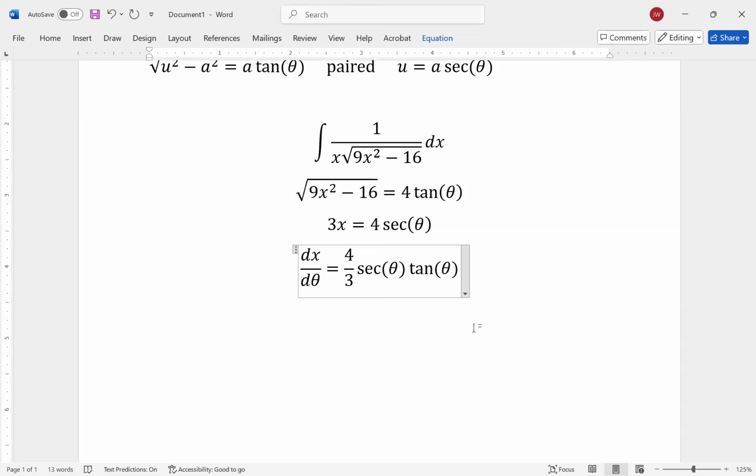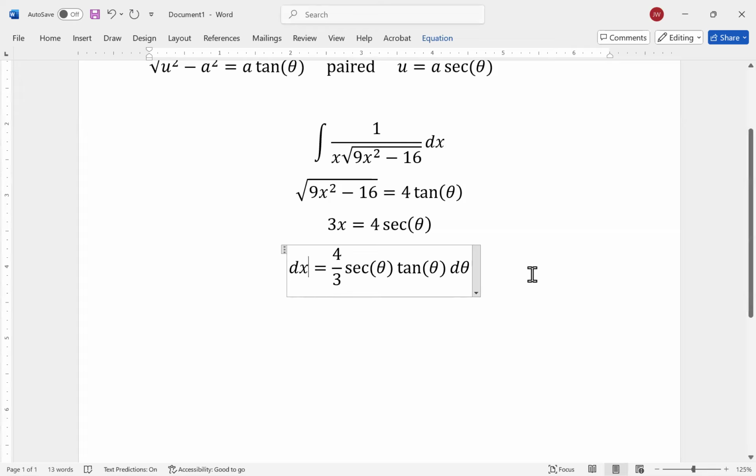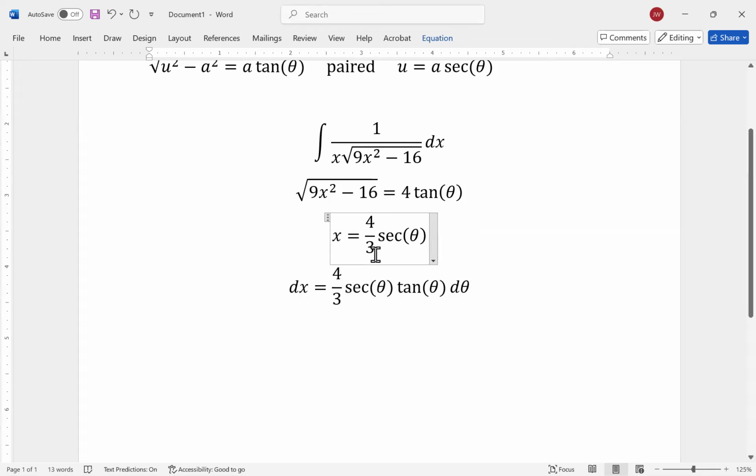So my differential exchange is that dx is going to be equal to 4/3 secant of theta times tangent of theta times d theta. So that's what we get. And obviously here x is going to be equal to 4/3 times secant theta.